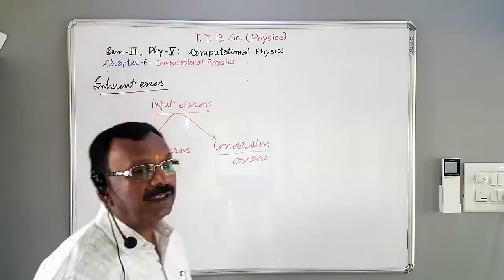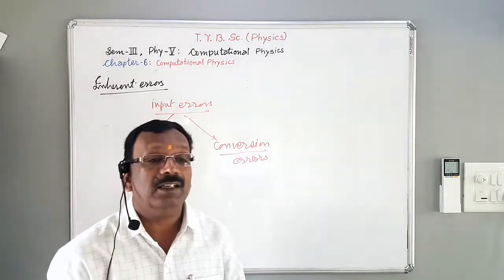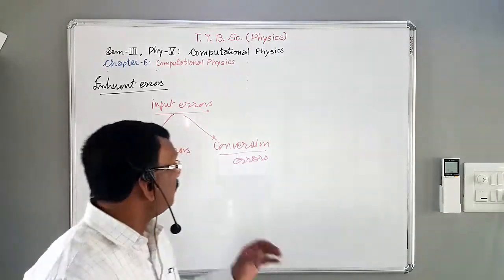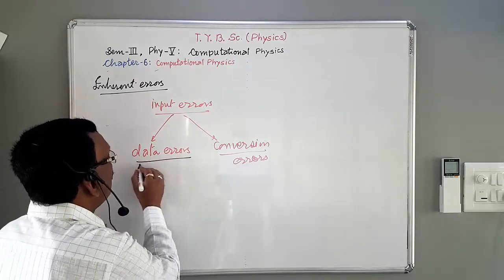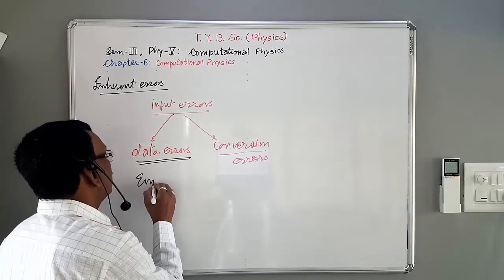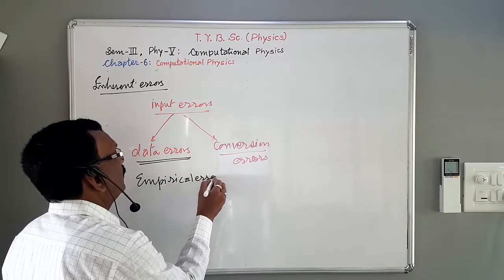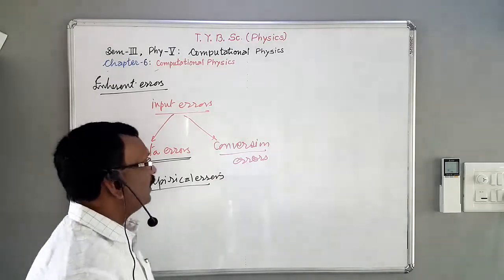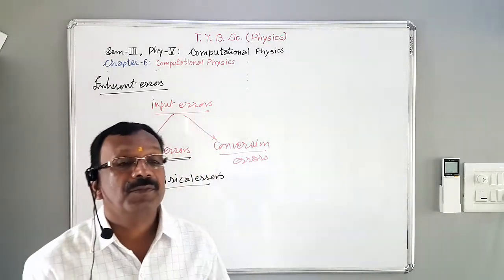Data errors and conversion errors are the two subtypes of inherent error. First of all, we are going to see data error. Data error is also known as empirical error.